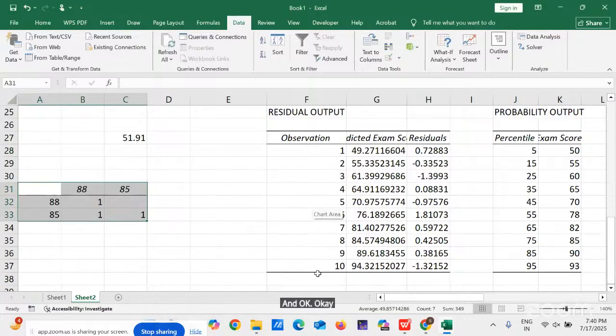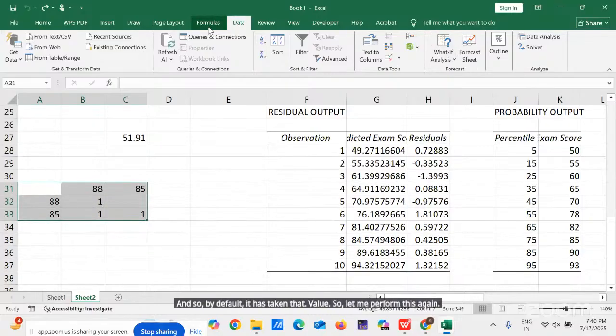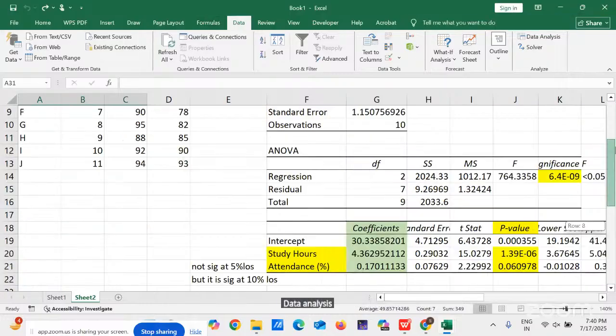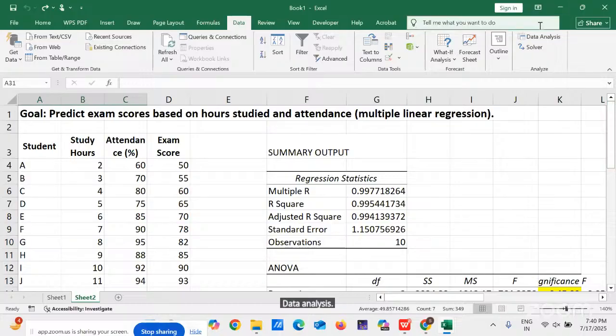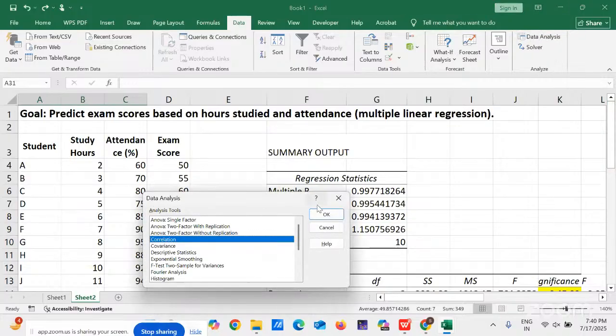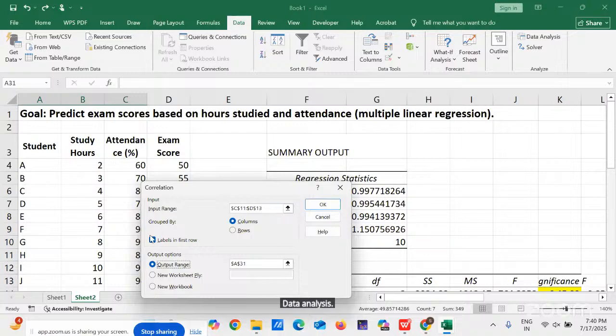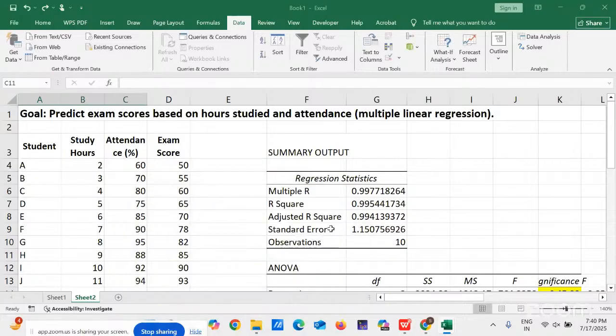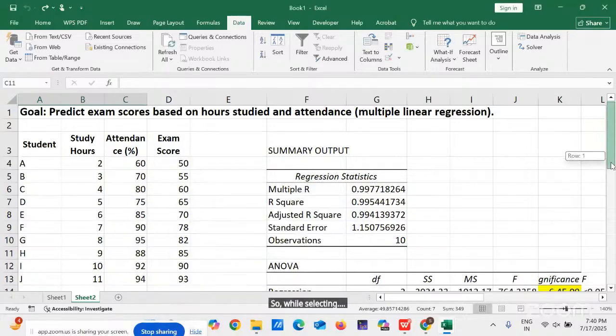Okay, see, here I missed selecting the labels. Hence, by default, it has taken that value. So let me perform this again. Data analysis. Let me take a fresh sheet.